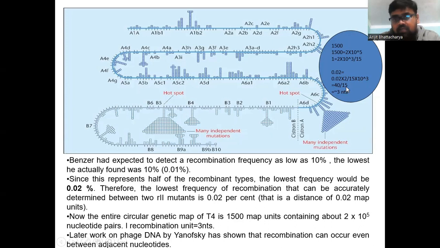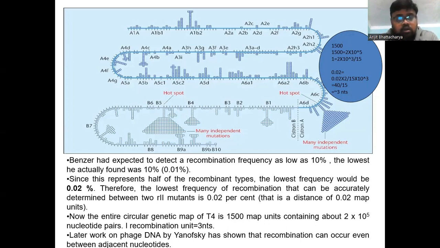That means 40 by 15 base pairs, which is equivalent to 3 nucleotides. So with their experimental setup, they could identify that the minimum distance for recombination would be 3 nucleotides.